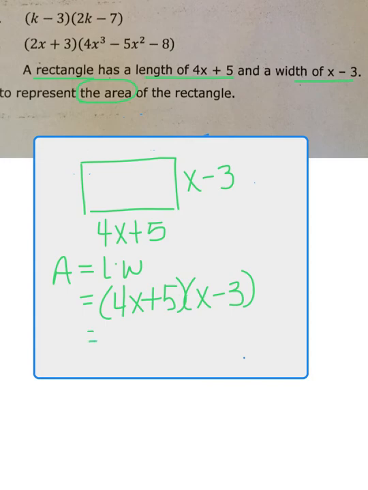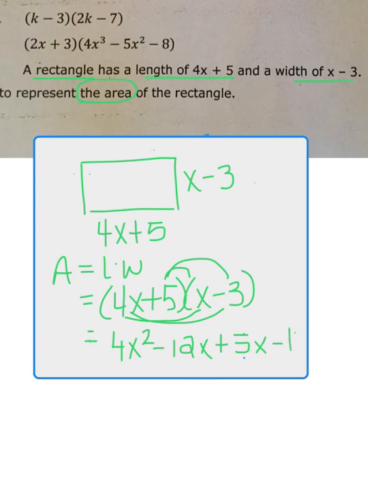So 4x times x is 4x squared. 4x times negative 3 is negative 12x. Now the inner, 5 times x is 5x. And the last terms, 5 times negative 3 is negative 15.